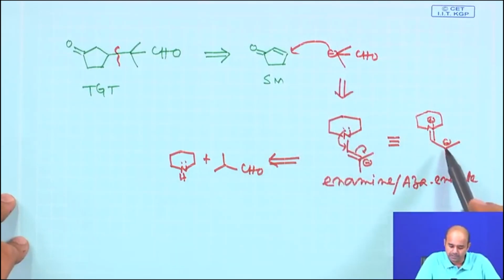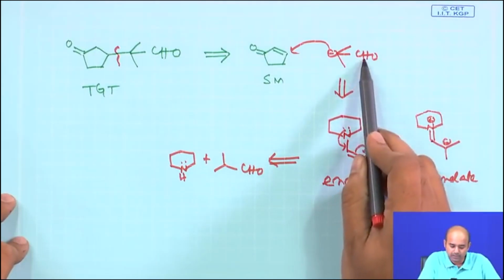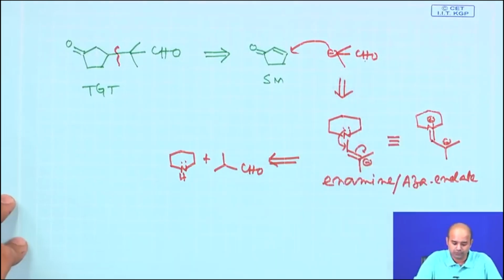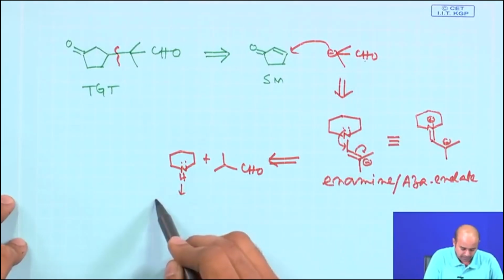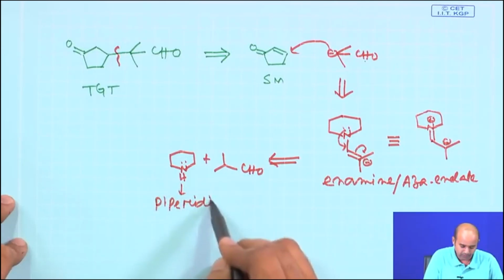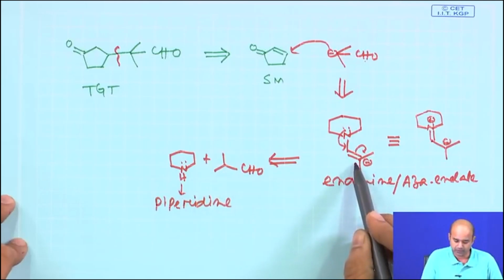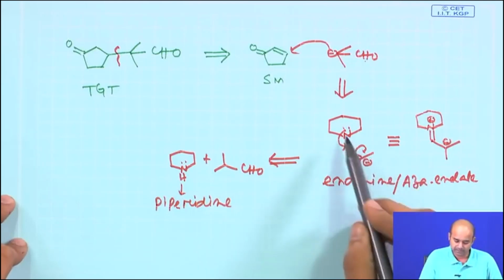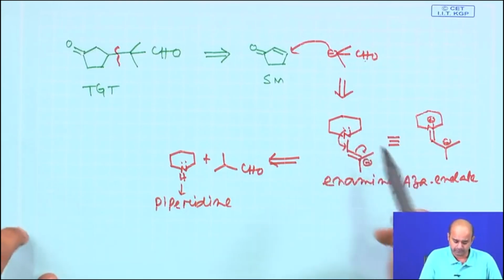So, Me, the CHO, this carbon is basically, after you remove this imine part, which will give this CHO, fine. So, initially you react this compound, which is named piperidine, the secondary cyclic amine, with this isobutyraldehyde. You get this enamine first. Okay. Then under this reaction condition, you do not need to isolate the enamine.